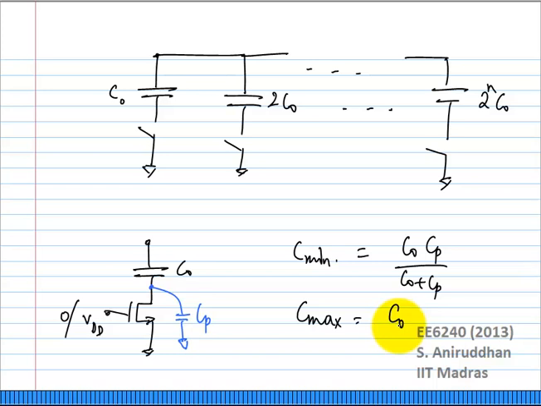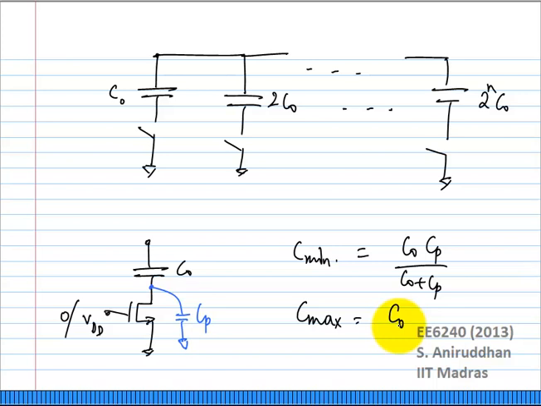And the contribution of the capacitance towards Rp, which we ignored, now becomes a problem. Okay? The reason is this: if I really wanted to reduce completely the dependence of Rp on the capacitance, I would make this switch infinitely large. But the minute I do that, Cp becomes infinitely large also, right? So I can't do that.